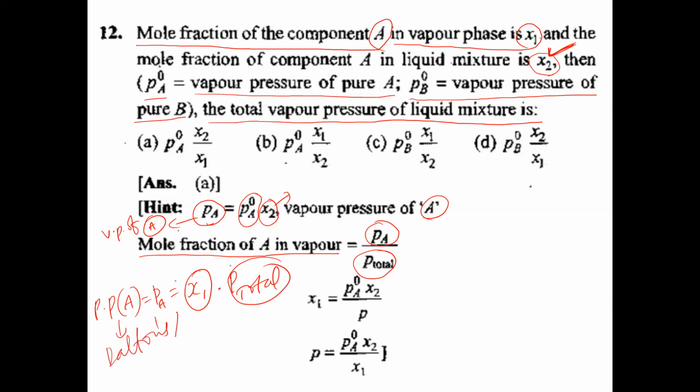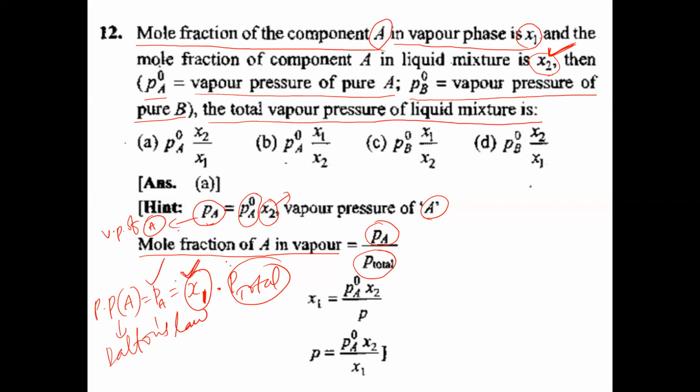According to Dalton's law, the partial pressure of A is equal to the mole fraction of A in vapor phase, X1, into the total pressure of the gaseous mixture, the total pressure of the mixture of two vapors, P total. That's why X1 is equal to PA by P total.